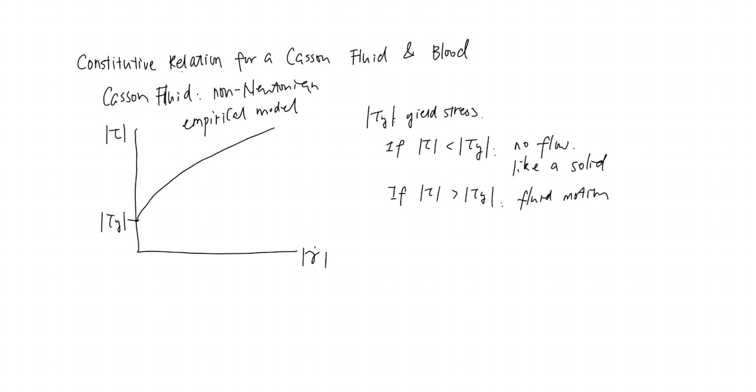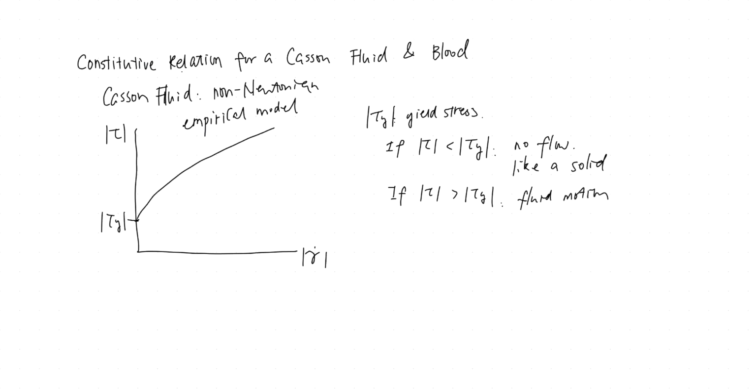So when people do experiments, what they usually get or care about is the magnitude of the shear stress and the magnitude of the shear rate. When you look at a curve like this, they mean the magnitude, but it doesn't mean shear stress and shear rate are always positive.